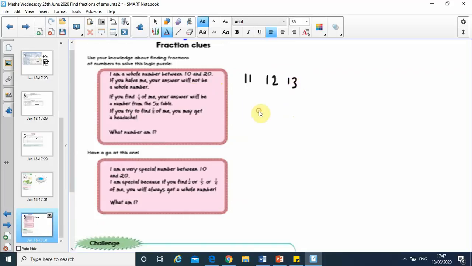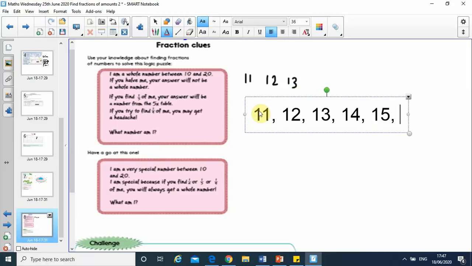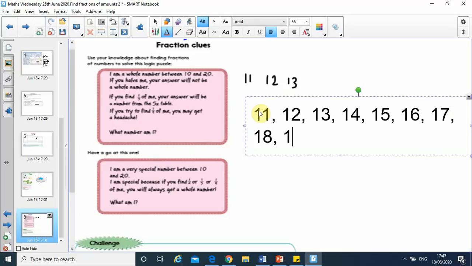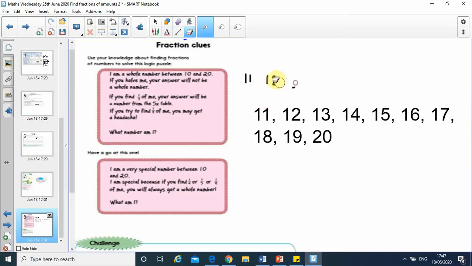I much prefer having it nice and neat. 11, 12, 13, 14, 15, 16, 17, 18, 19, 20. So they're my numbers. Let's rub those out. Okay, if you halve me, your answer will not be a whole number. So we need to think about that one.